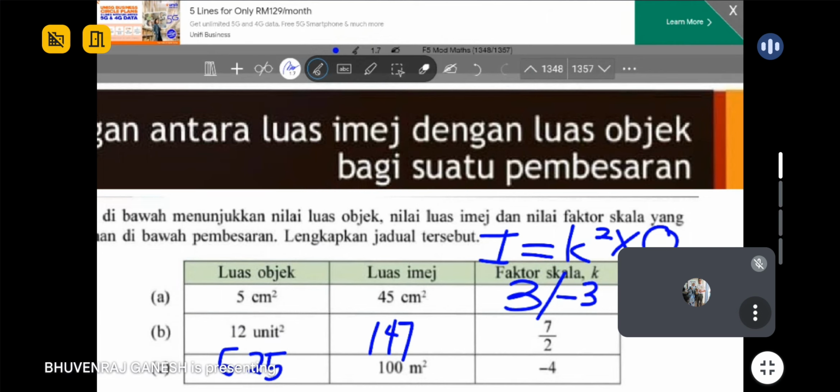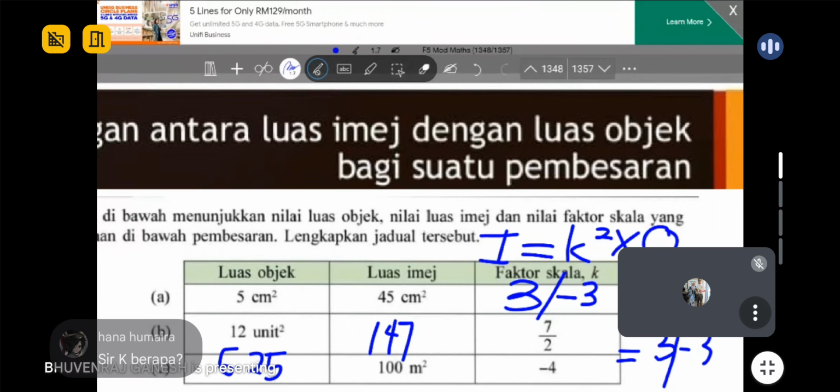3 is not the only answer. When you take the square root of 9, it can be positive or negative. So make sure in the exam you give both answers. You must give 2 answers, because the question never gives you a situation, so it can be positive or negative. Remember guys, common mistake.